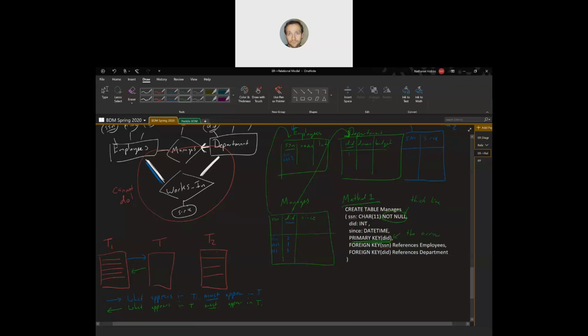T2 might have a different set. You could have fewer departments than you do employees. Departments have at least one employee. Employees work in at least one department. But yes, that would also be implicitly captured by these here, that they would have equal size.